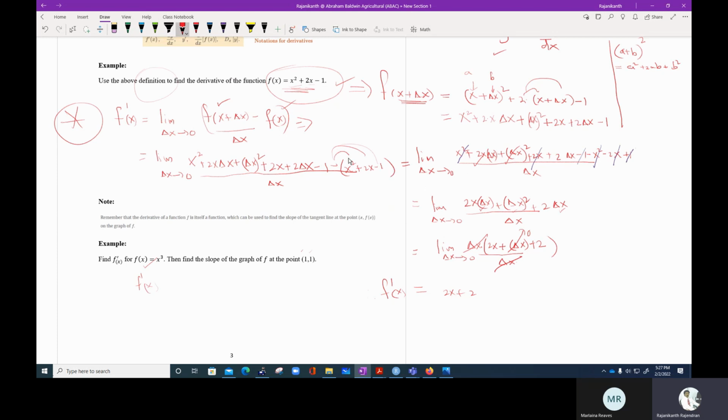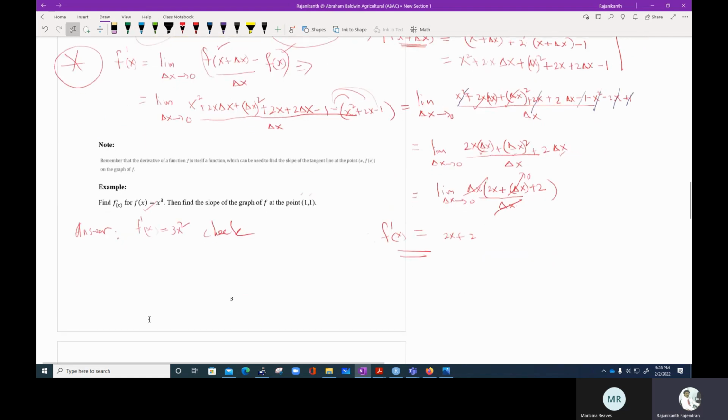Use that theorem or definition to find f prime of x. I'm writing the answer, but you have to check your work: you should get 3x squared for the derivative of x cubed. Please do this.